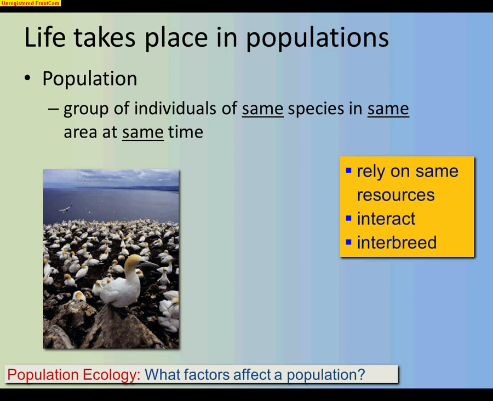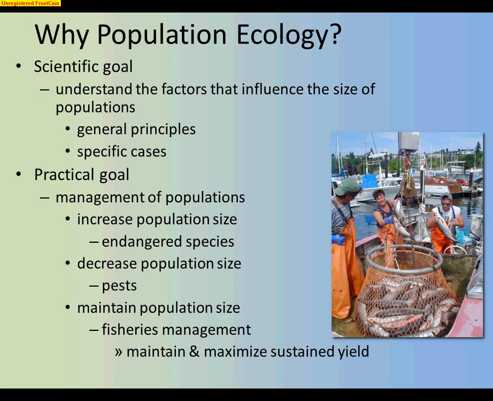So a population ecologist would look at the factors that affect this particular population. So why is this something that's important to study? Well, a lot of times we want to understand what influences the size of a population. And we may do this to either increase a population size, let's say for an endangered species.